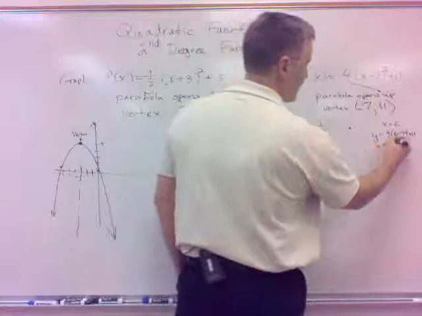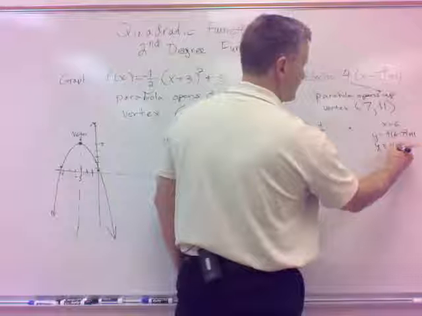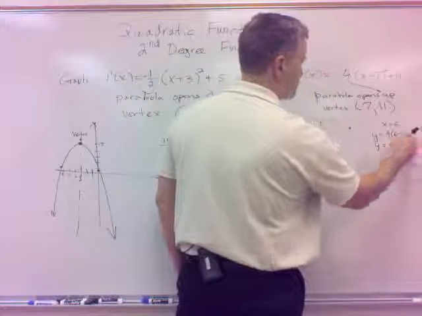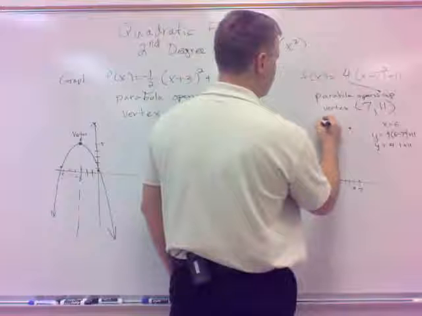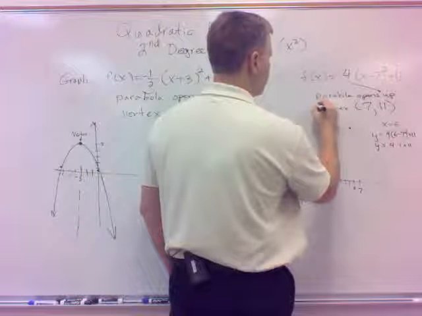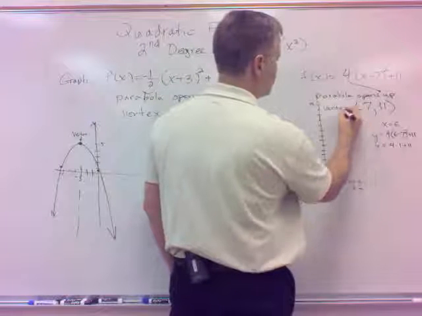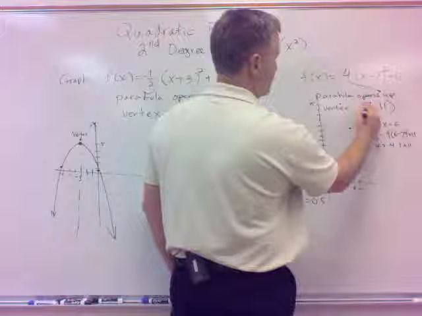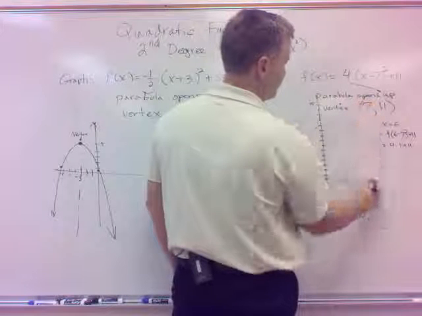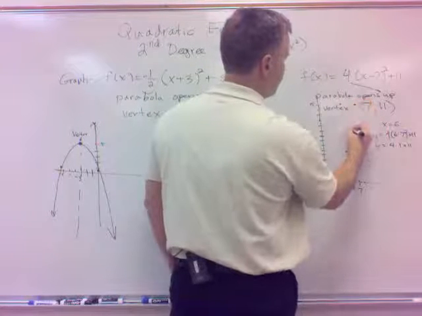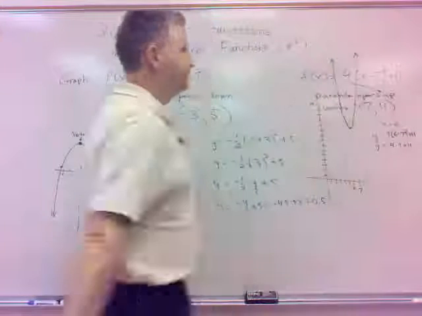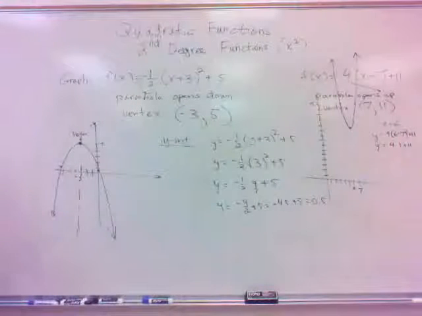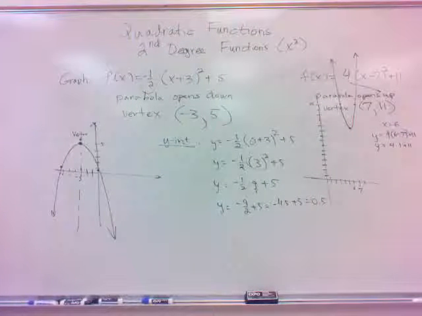That would be 4 times 1 plus 11, because you're going to square a negative 1. Yeah, that's 15. So at 6, I'm at 15, so I've got another point over here at 8, across from it. Yeah, there you go. So that one's way over there in the first quadrant.